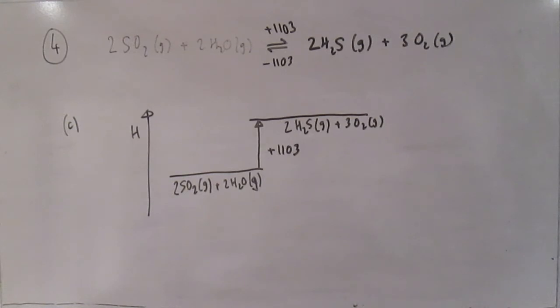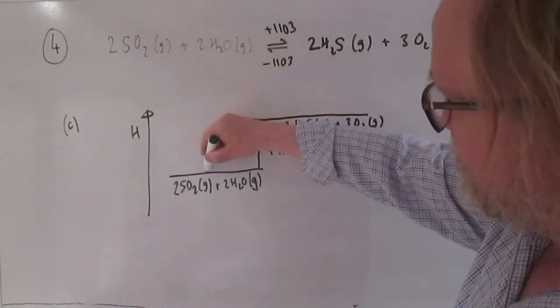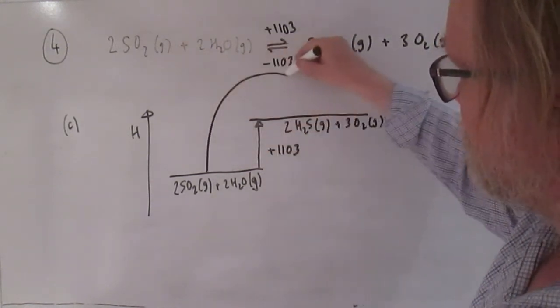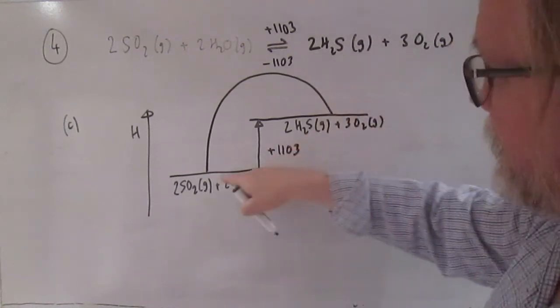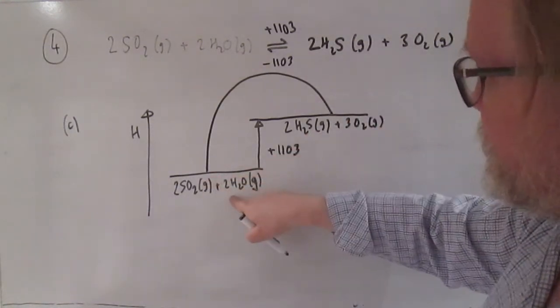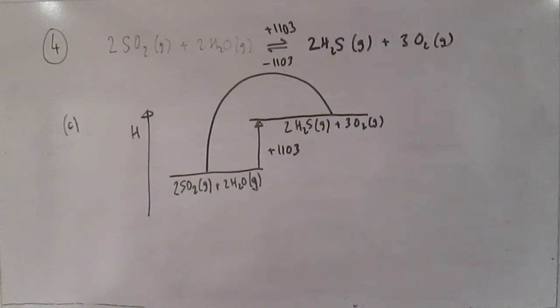So then we have to put the activation energies on. So again, it's this idea that there's a pathway that leads from SO2 and steam to H2S and oxygen, and that pathway involves going over this energy barrier here.